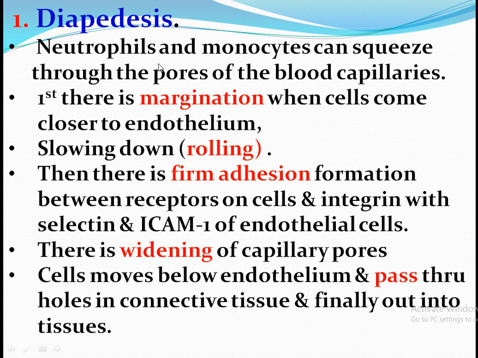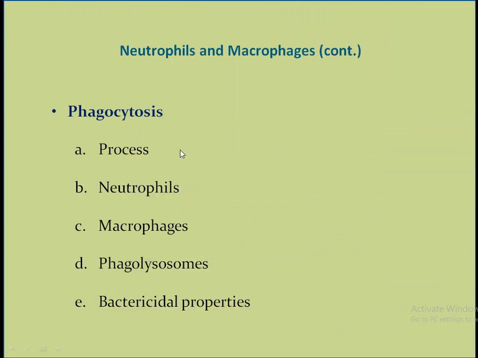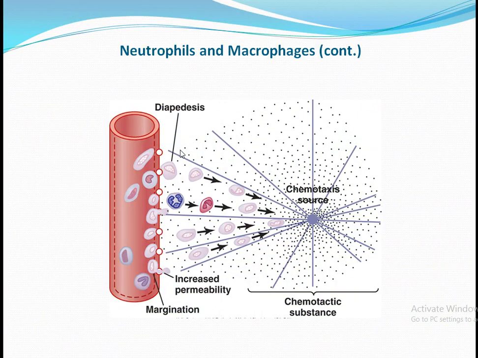Diapedesis, this is the special type of movement, as I have already shown you through this diagram. Through this picture, you can well see this diapedesis. They come out of the blood vessel and then they are going towards this one source.